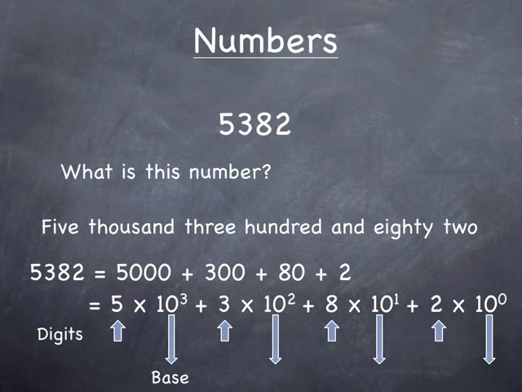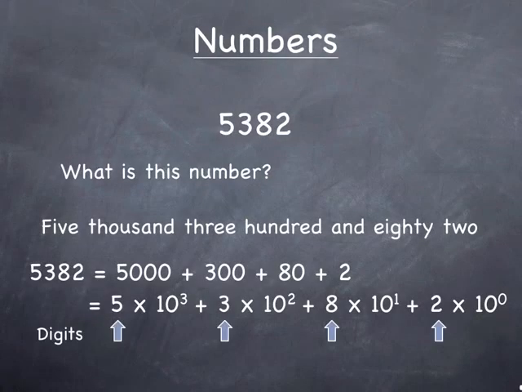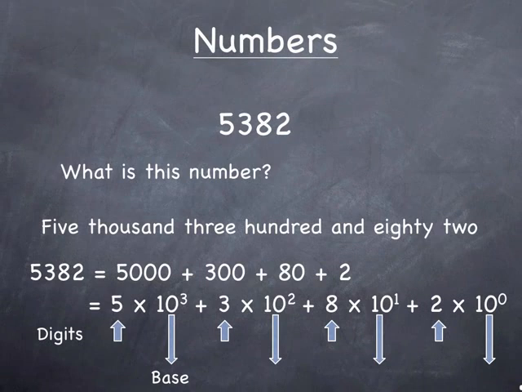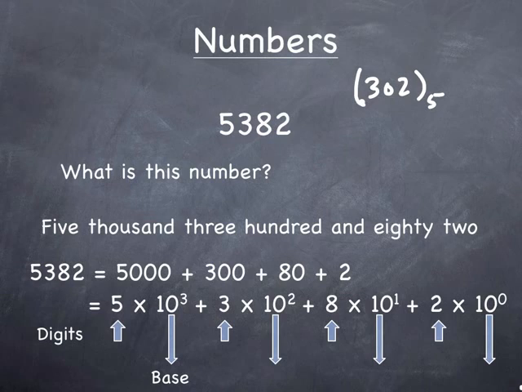Right? So if you look at some other system, let's say base 5 system, what do you think it will be? Let's go quickly. If I write, let's say, 302 in base 5, can you tell me what this number is?